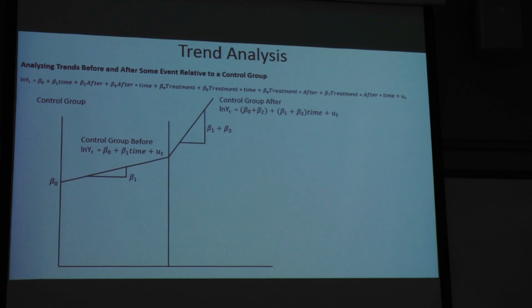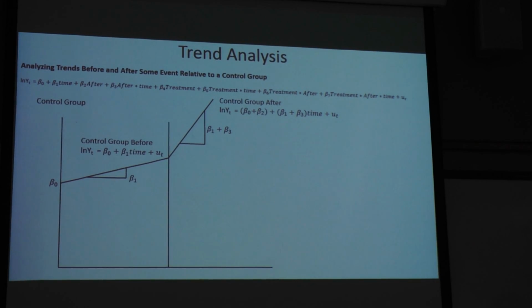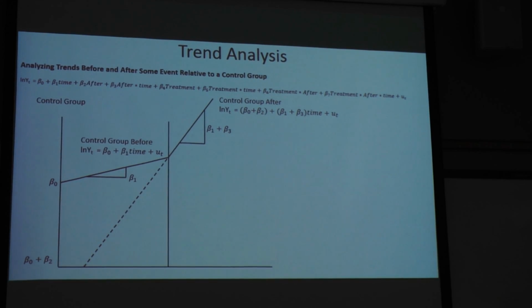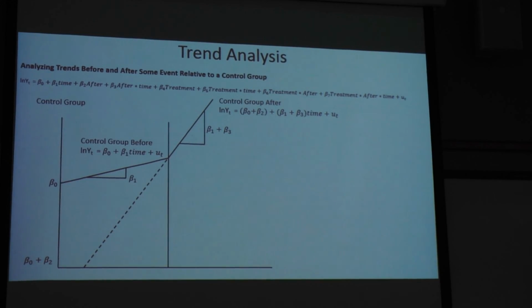If they aren't, then beta 3 is going to be 0, and beta 2 will be 0. We're missing that intercept, which is down there. So the control group shouldn't be affected by the event. Those that didn't take the drug shouldn't be affected by the drug.